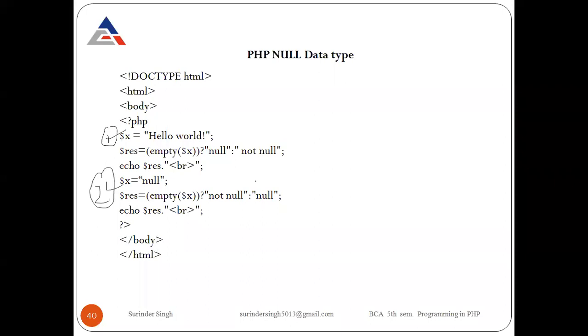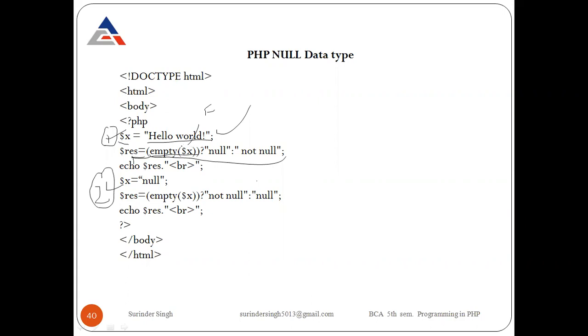First, we assigned a string value hello world to variable x, and here we are checking if x is empty or not and assigning to variable result. In the first expression, we pass x to the empty function and it returns false because x has the string value hello world. Now expression 1 is false.